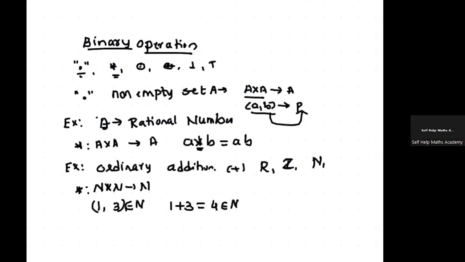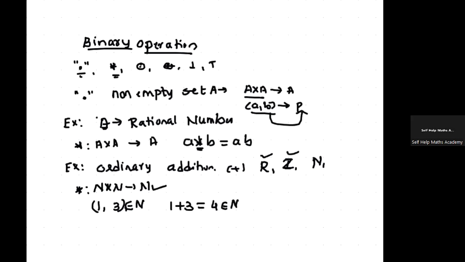So this indicates that the ordinary addition will become a binary operation on the natural number set. Similarly, it is a binary operation on the real number set and the set of integers.